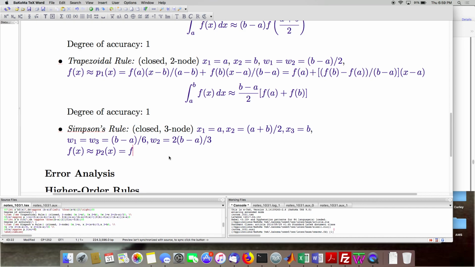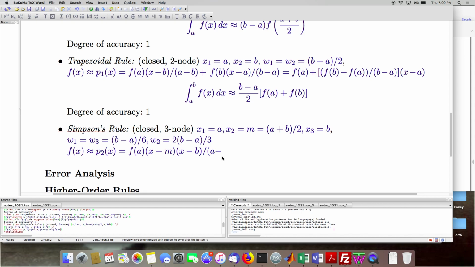So that's going to be f(a) times (x minus m)(x minus b) over (a minus m)(a minus b). I'm going to introduce some notation: I'm going to set m equal to the midpoint, (a plus b)/2. So x2 equals m, yes, going from left to right: a, m, b. Left, mid, right.